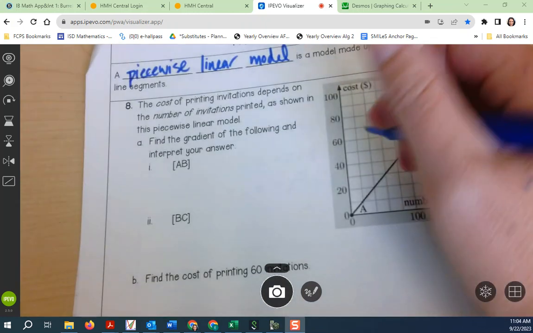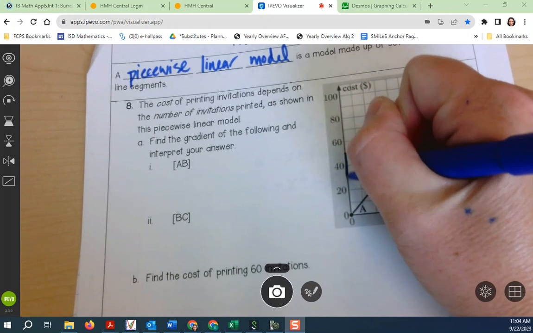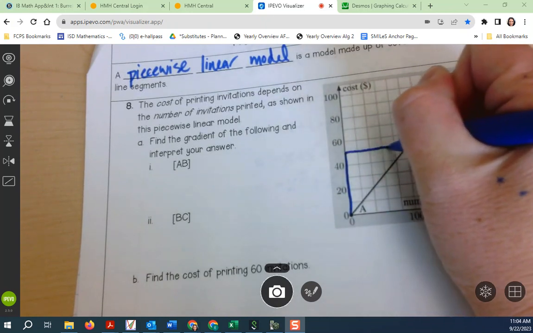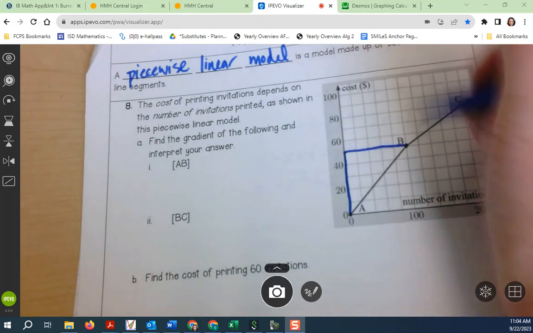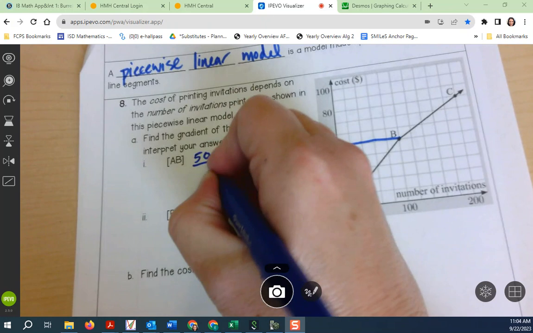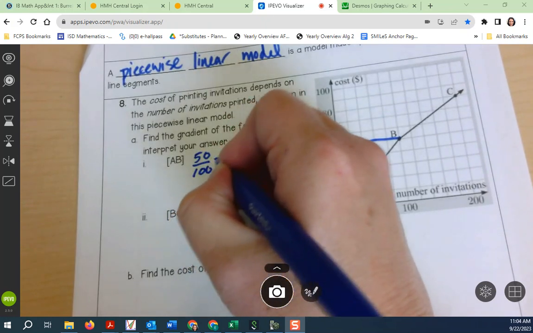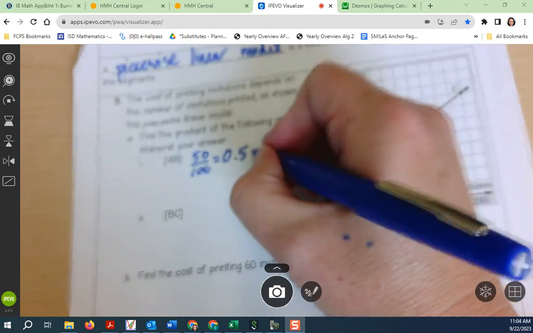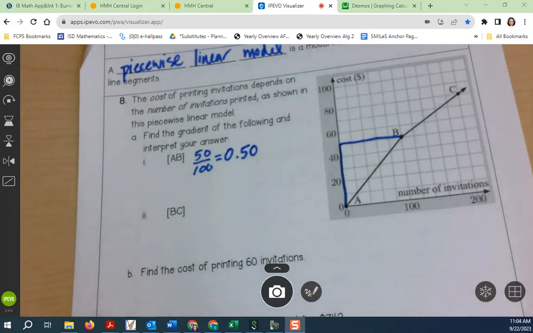So for the first one, for AB, I could do change in y is 50 and change in x is 100. Which gives me 0.5, but if I'm talking about money, I might want to call that 0.50.